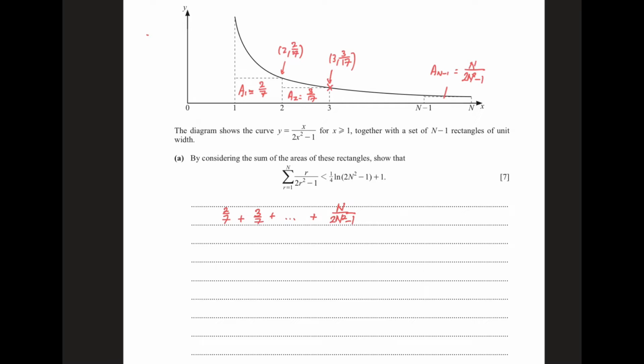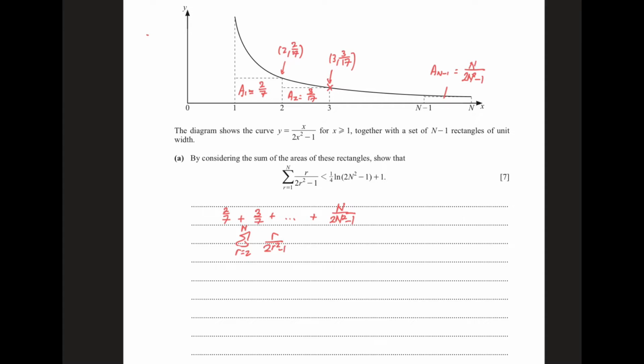And if I change it to summation, it is going to be the summation of r from r equals 2 until n of r over 2r squared minus 1. Okay? If I change it to summation, it will look like that.